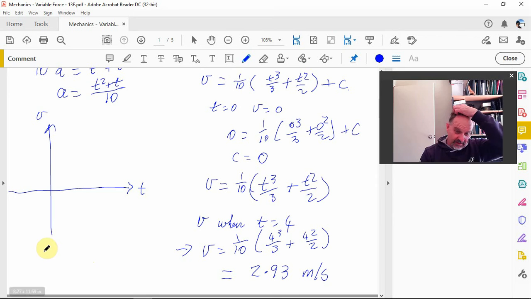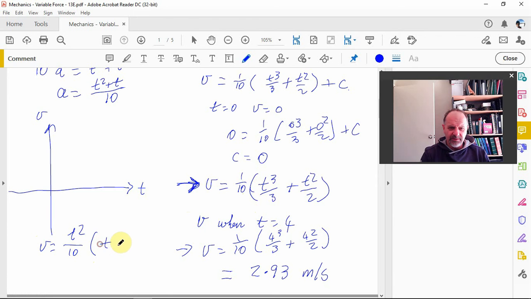And so if v equals 1/10 of, it's the wrong one, this one's the expression I'm after, not the one that I've substituted. So the 1/10's out there, but you notice t squared is common, so I can write t squared on 10, t plus 1. So that tells me I've got a repeated factor here at 0, and at t equals minus 1 down here it's going to cut through, so it's a cubic of course.